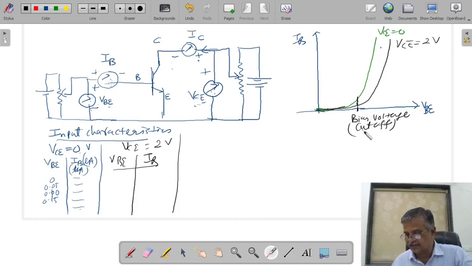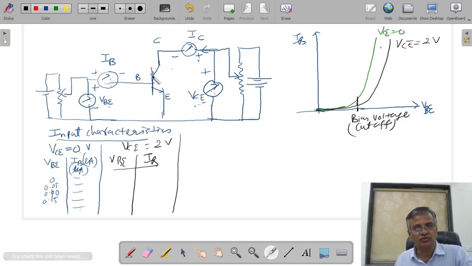Remember, for physics and electronics students, the word bias voltage is used many times. Bias voltage for this transistor is of the order of 0.7 volt if this transistor is made up from silicon. This bias voltage is of the order of 0.3 volt if this is made up of germanium.